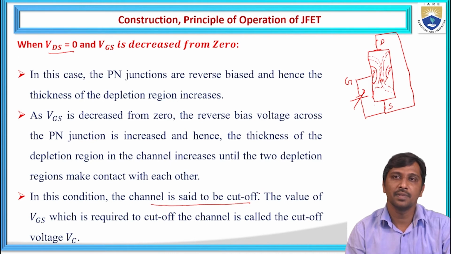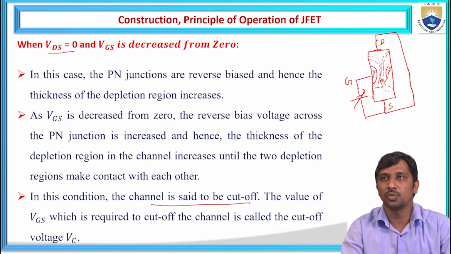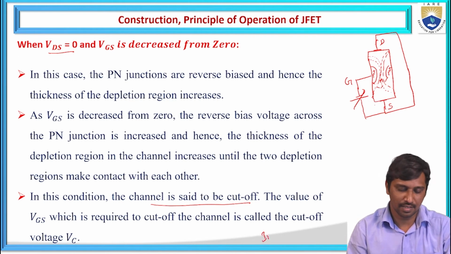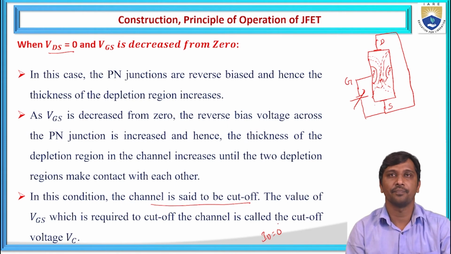So the channel width disappears, meaning there is no path for the charge carriers, as the depletion region completely occupies the channel region. Hence, there is no path for the movement of the charge carriers from the source to drain. This particular state is again called the cutoff state. So again the drain current is represented as 0.